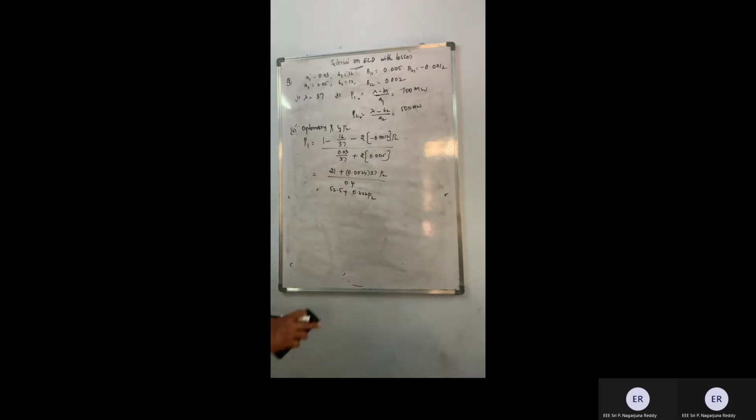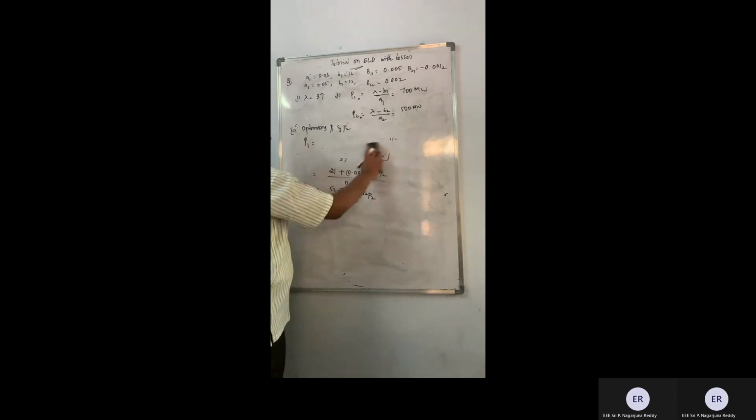So I am writing down here the expression: 52.5 plus 0.3 P2.